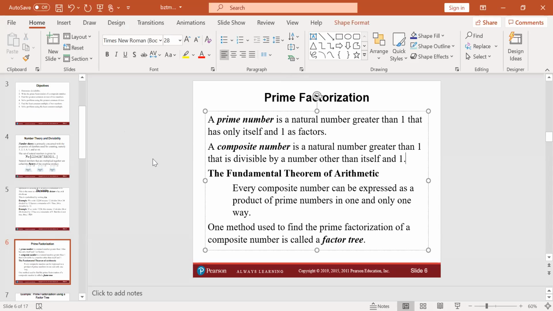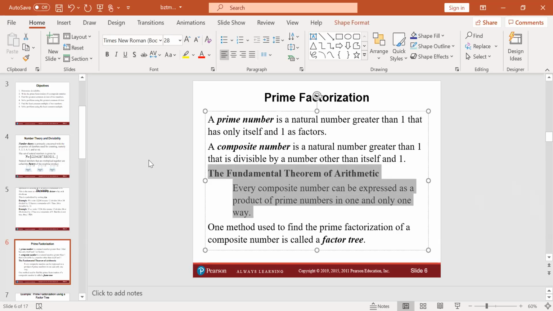So your composite numbers would be like 4, because you can do 2 times 2 to get 4. 6, 8, 9, because you can do 3 times 3 to get 9. So prime versus composite numbers, this is good stuff to know.